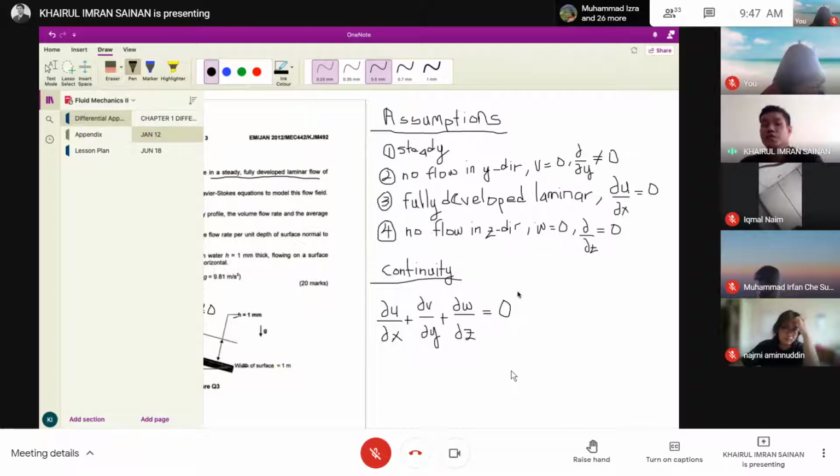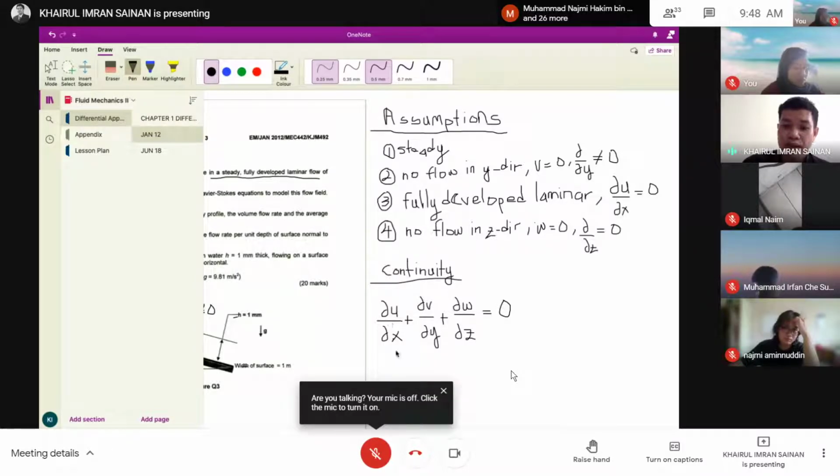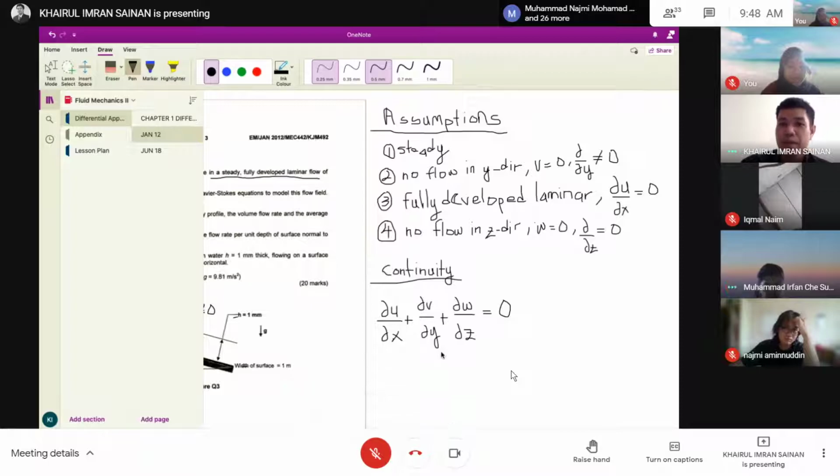Okay, so if you see me here, I didn't put the row, just directly put the continuity equation, which is incompressible and steady. You can do like this as well. So which one to cancel? Del u over del x, del v over del y, or del w over del z? Everybody.